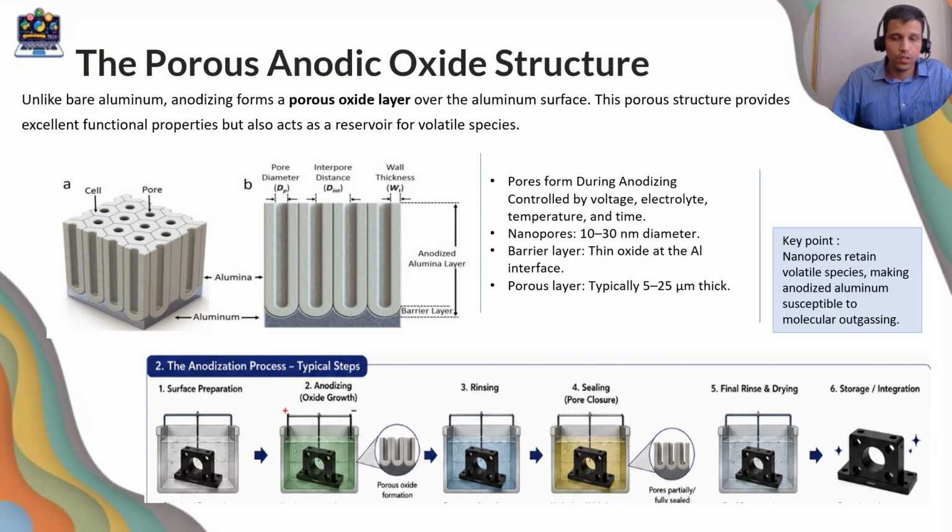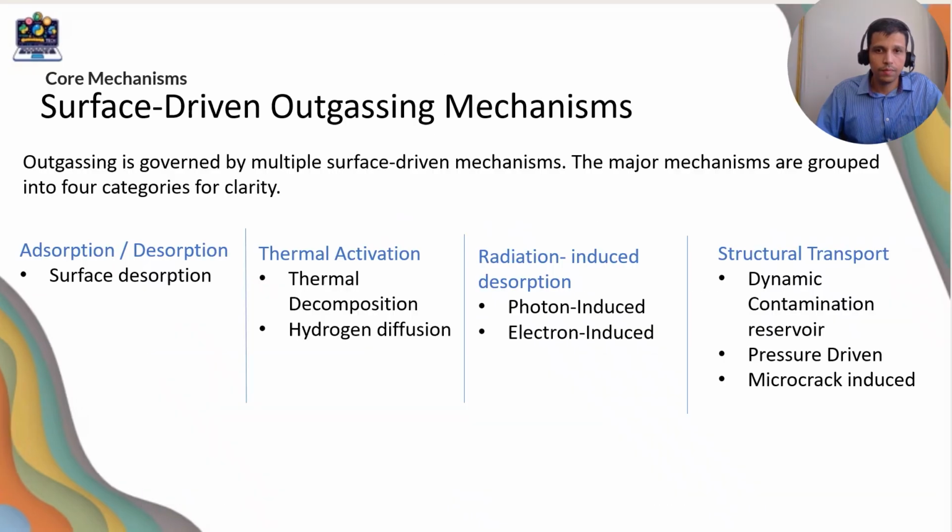So I'm moving to the next slide. In this slide, the core outgassing mechanisms are grouped into 4 categories. There are many mechanisms, but I try to give the major ones and group them into 4 for a better understanding.